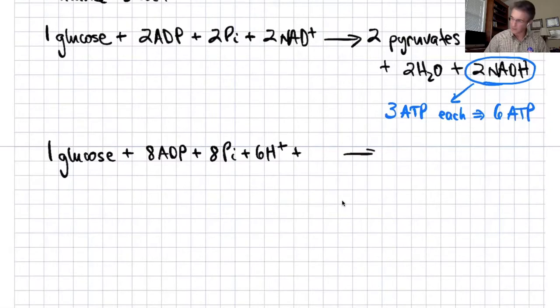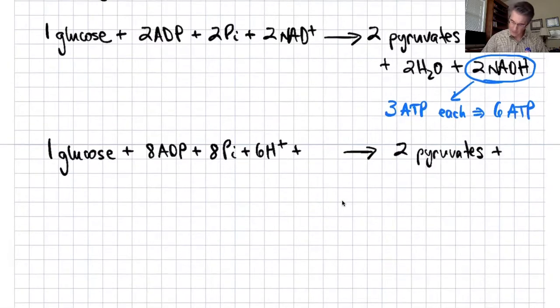Let's just write this one out. We would get 2 pyruvates, plus 8 ATP, if you sum all of this up, plus a fair amount of water, 10 water molecules.